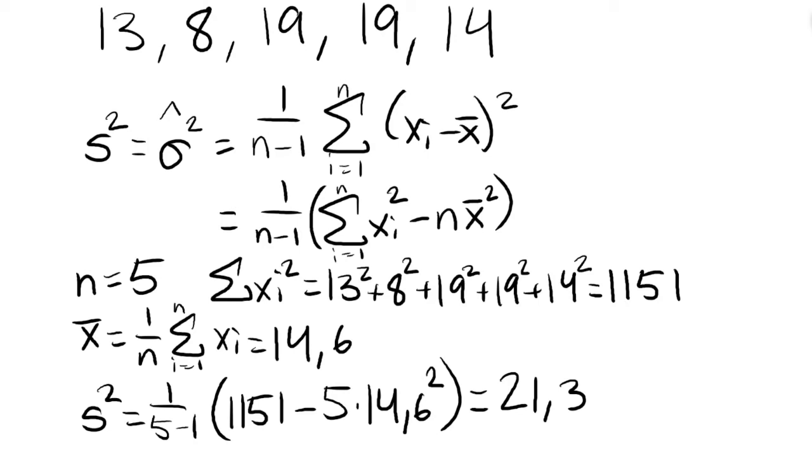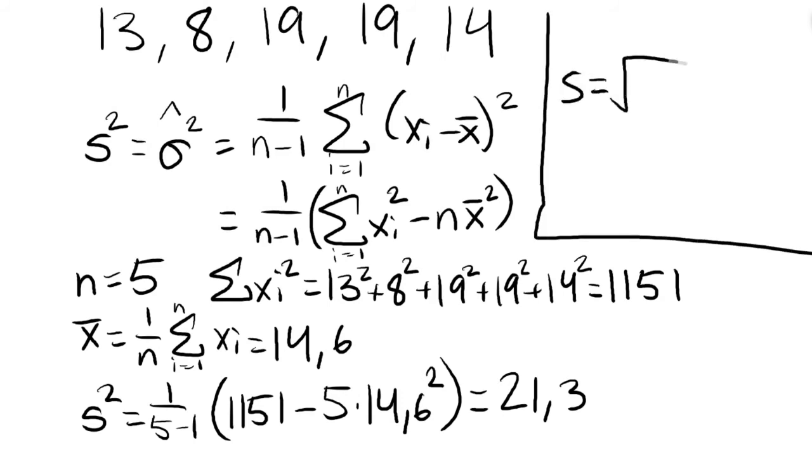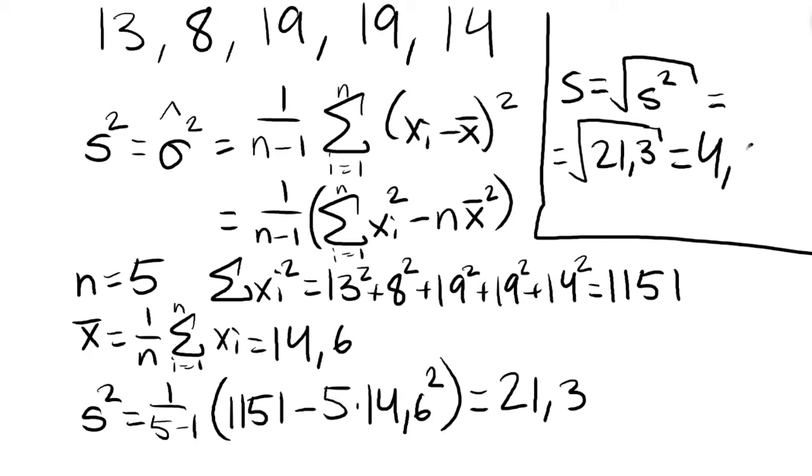But like I mentioned in the variance and deviation video, the variance is usually not that easy to interpret. What does that mean? The easiest is to do the standard deviation, and the standard deviation is just the square root of the variance. So we have s is equal to the square root of s squared, which is equal to the square root of 21.3, which is equal to 4.6152 if we round it, something along that line.